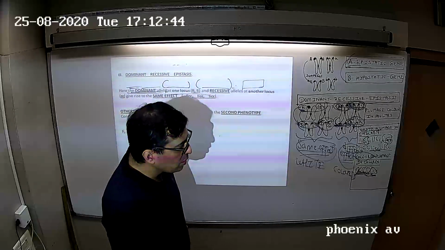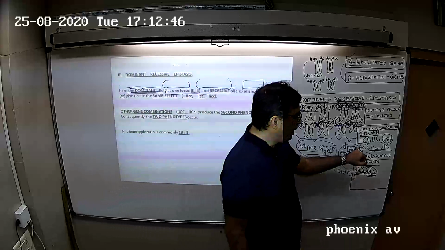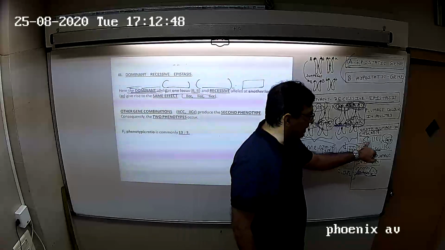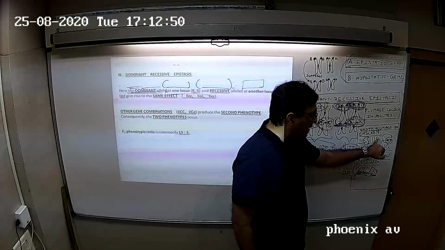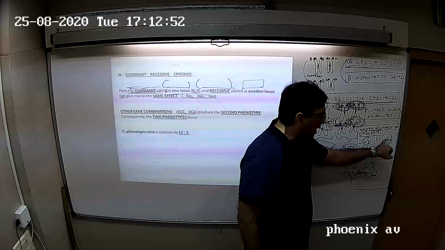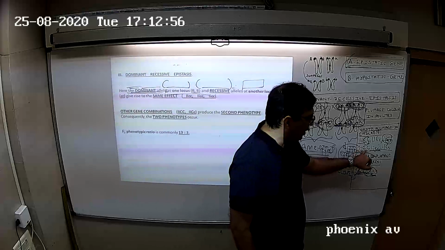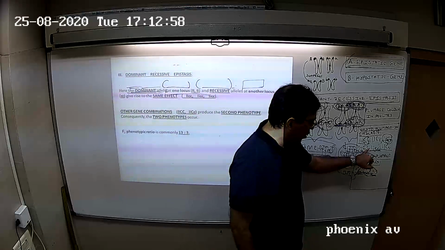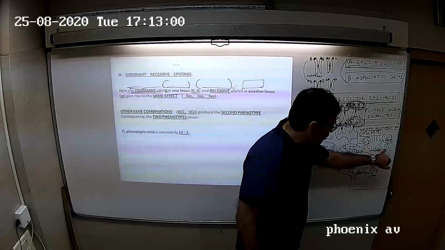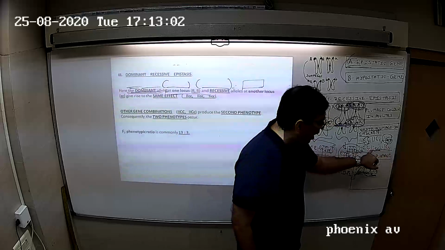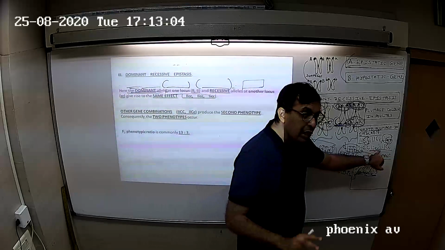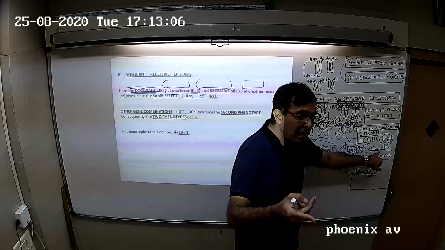White plumage के लिए कौन से combination हो गए? Capital I, capital C, capital C; capital I, capital C, small c; capital I, small c, capital I, capital C; small c, capital I, capital C, small c, small c, small c. Important क्या है?